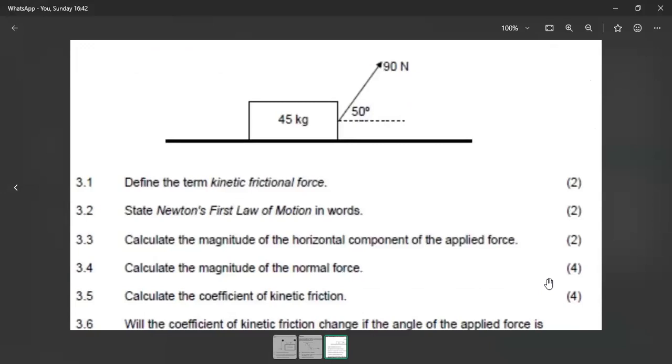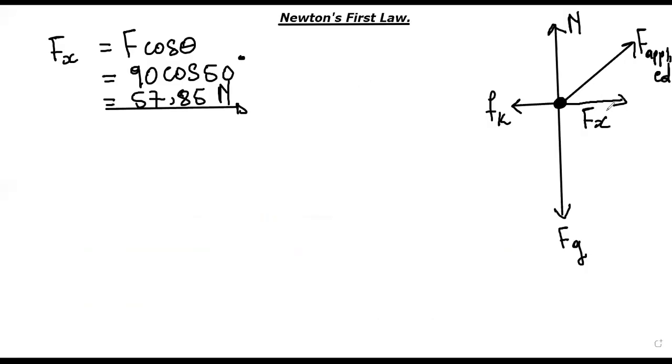Right. So 3.4 says, calculate the magnitude of the normal force. In order for us to calculate the magnitude of the normal force, we need to separate our forces. In other words, we need to focus on the vertical forces because the normal force is a vertical force.